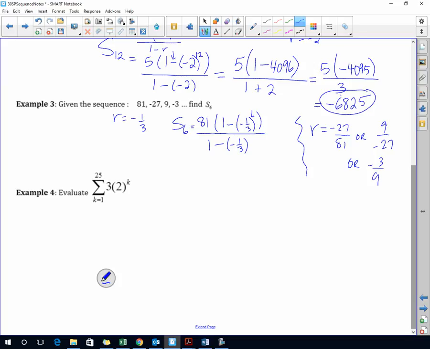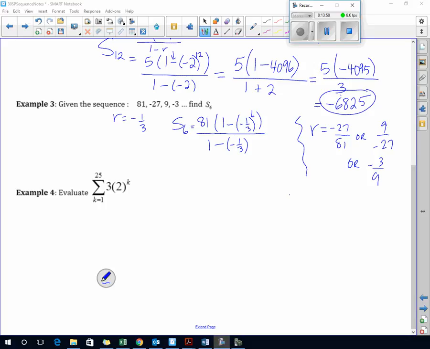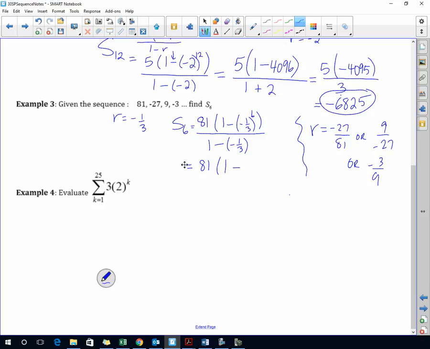I would suggest not using the calculator for the whole thing, because there's so much room for error with all the brackets. So I would just say 81, 1, now it's going to be subtract negative 1/3 to the power 6, which is 1 over 729, okay? And then the bottom is 1 plus 1/3.